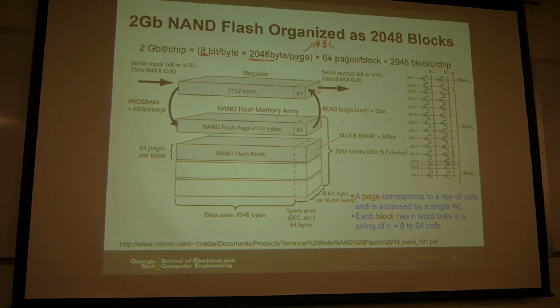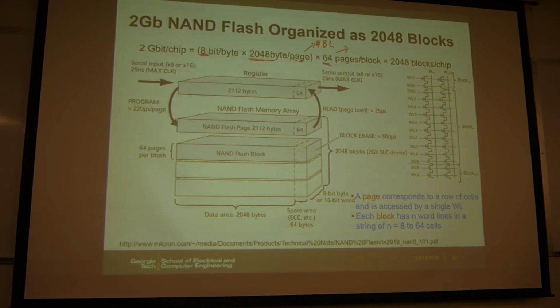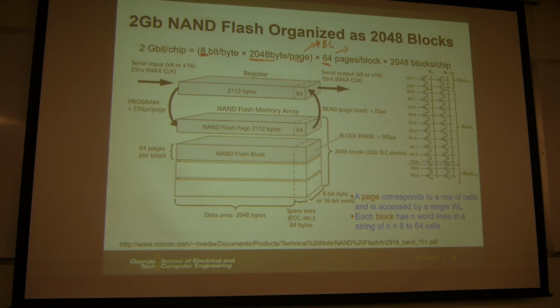Because 1 page is 1 word line, but it determines how many bit lines. So this is the number of bit lines, and the number of word lines is here, right? Because look at this string, 1 string. You have 64 word lines. So this is the number of word lines.